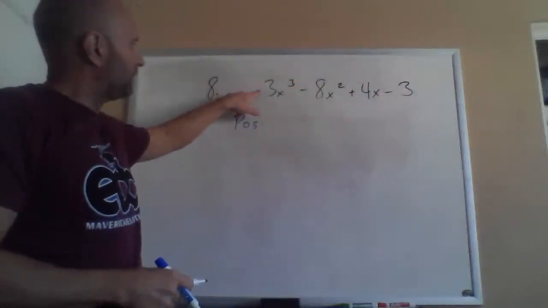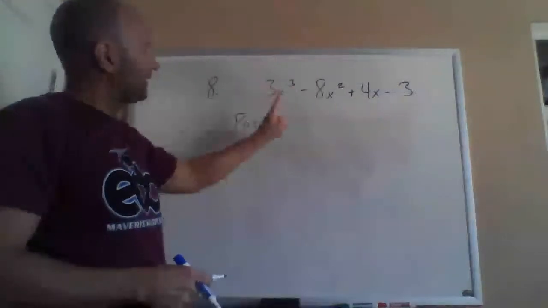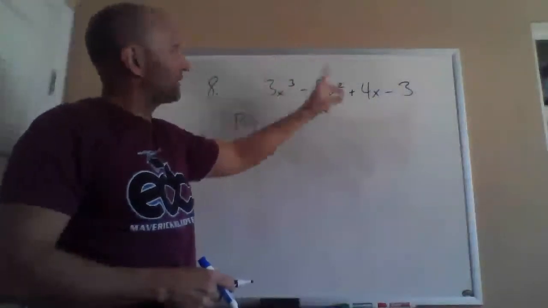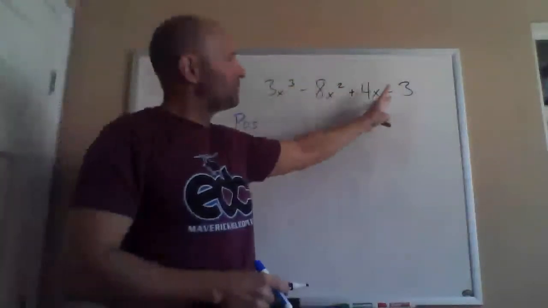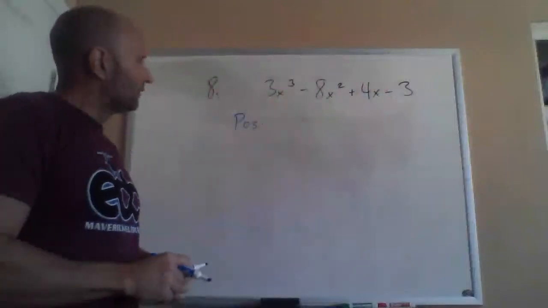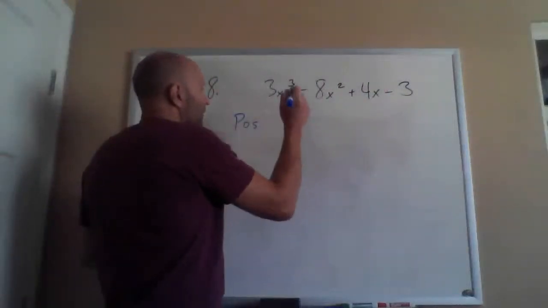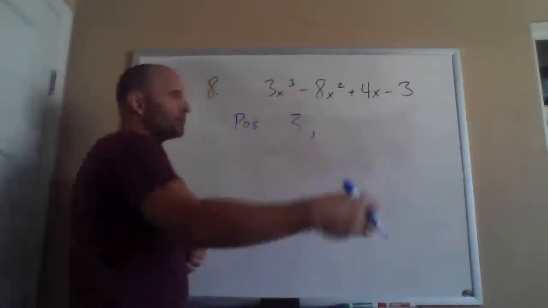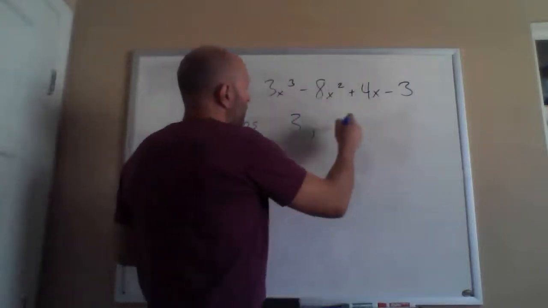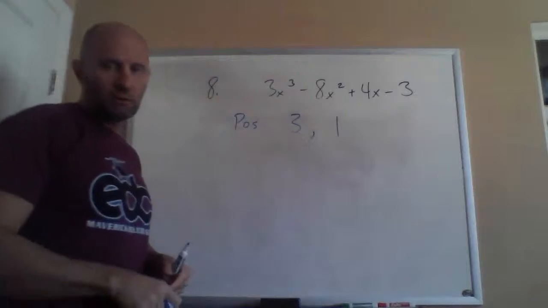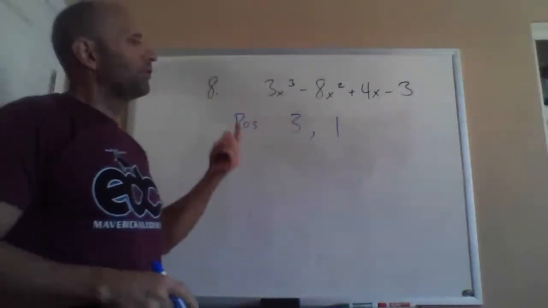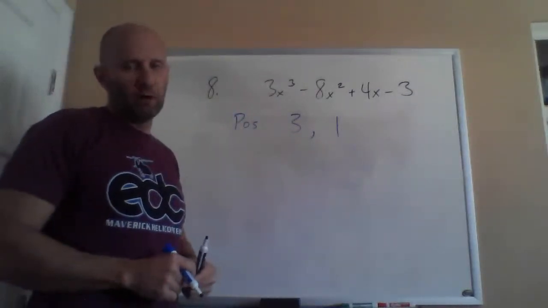So we were positive, it switches to negative, that's once. Switches back to positive, 2, switches back to negative, 3. So the answer for the possible positive roots would be 3, or you decrease by 2s. So 3 or 1. So what you would put in that first box is 3 or 1.